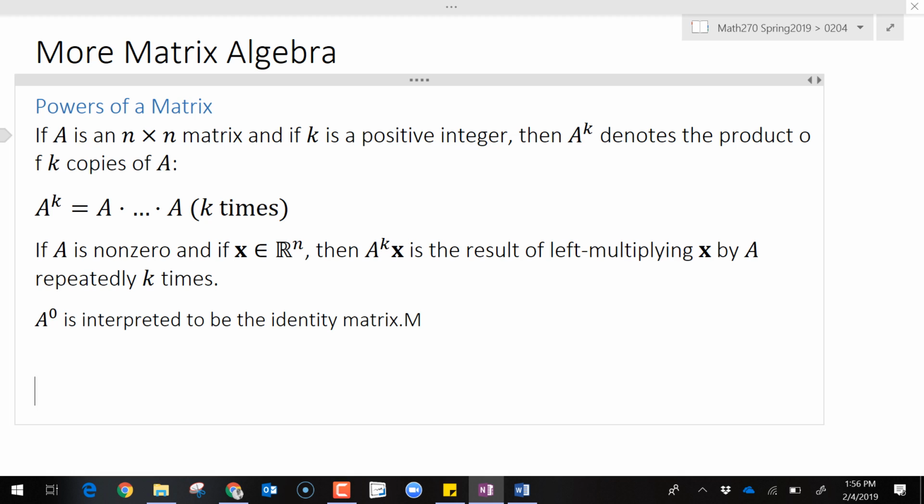It's multiplying the matrix k times. Now it has to fit the size, so you can only do this for square matrices.